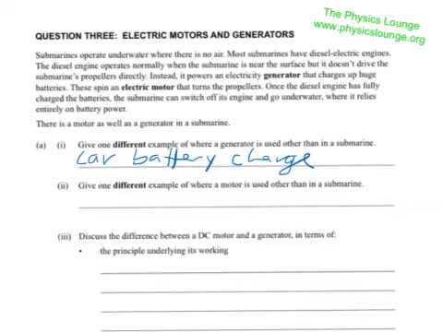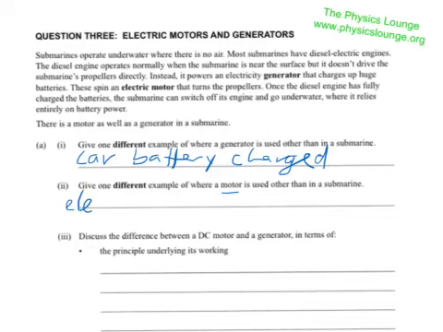Give one different example of where a motor, so a motor, not a generator, is used other than in a submarine. Okay, this is an electric motor. If you say, straight after I've said car battery charged using an alternator, which is a type of generator, that in a car you're talking about the engine, unless it's an electric vehicle, you'd be wrong.